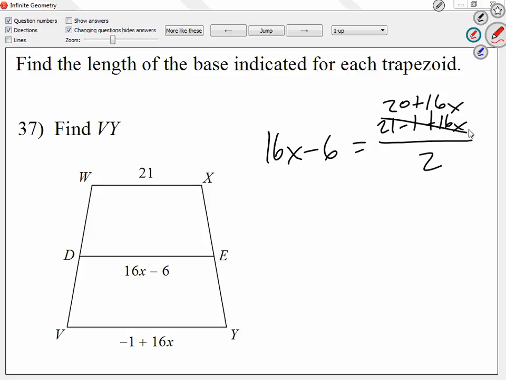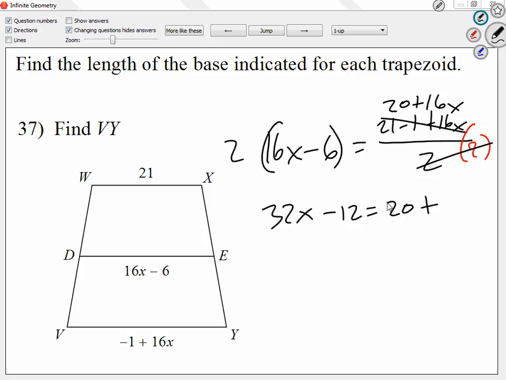I'm going to get rid of fractions by multiplying both of these by 2. So that way the 2's on the right cancel out. So I'm going to have 32x minus 12 is equal to 20 plus 16x. My x from the right, I'm going to bring it to the left as a minus 16x. And then my negative 12, I'll bring it as a positive 12. So you said 16x equals 32.